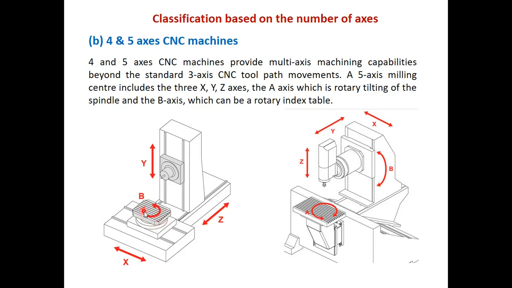But not only to the working table, if I also give a rotating motion to the tool, where the tool is mounted, this is the rotational motion B. So it has 3 sliding motions, Z, Y, X, and 2 rotational motions A and B. So the total is 5 axes. That's why this is a 5 axis milling machine.